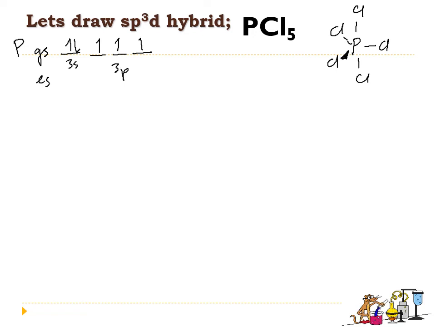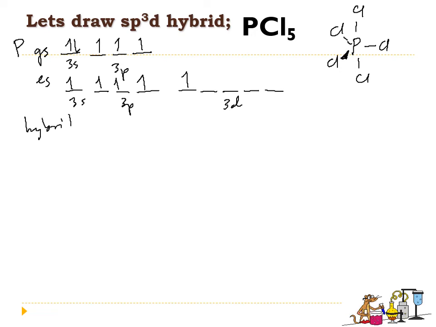At the excited state, we have 1, 2, 3, 4, 5 electrons going to the empty 3d orbitals. So the hybrid state is going to be 1, 2, 3, 4, 5.